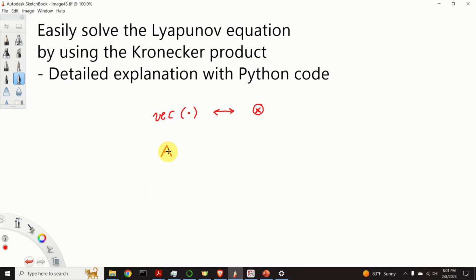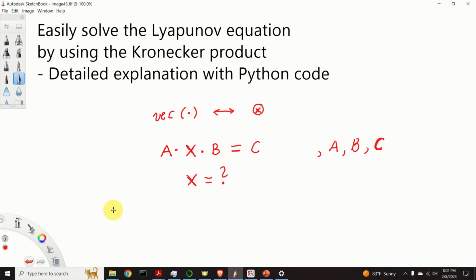A times x times B is equal to C, where A, B, and C are arbitrary but known matrices. We want to solve this equation for x, where x is a matrix that we want to determine.